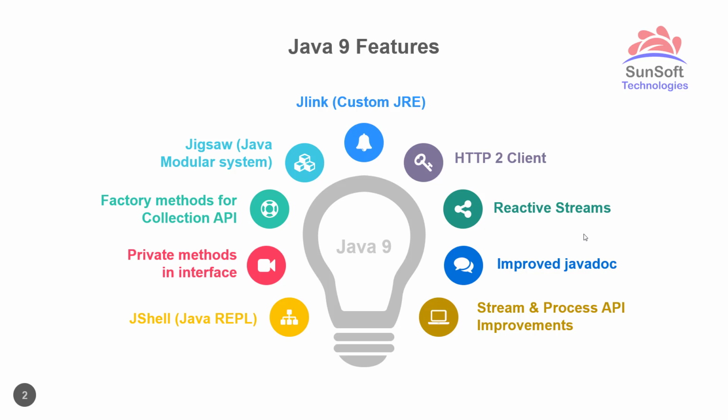There are many such APIs added to find the process ID, as well as the children of a process, or the processes which are started by the existing process. Likewise, we have many more methods and APIs added in Java 9 using which we can easily handle and maintain the processes.